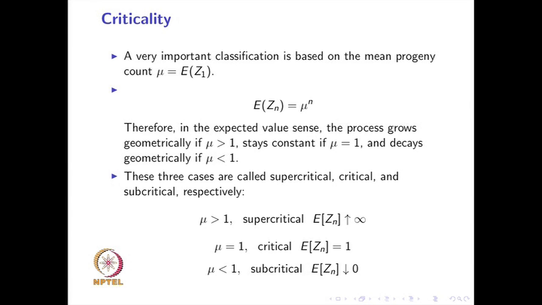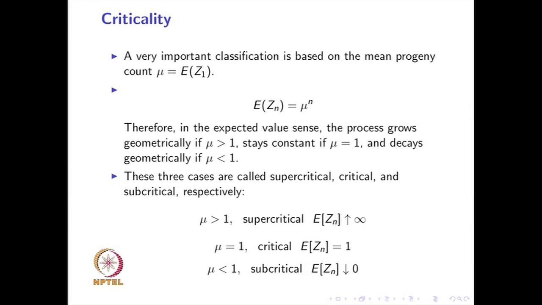Therefore, in the expected value sense, the process grows geometrically if mu is greater than 1, stays constant if mu is equal to 1, and decays geometrically if mu is less than 1. From the expectation of Zn is equal to mu power n, we can conclude if mu is greater than 1, the process grows geometrically.